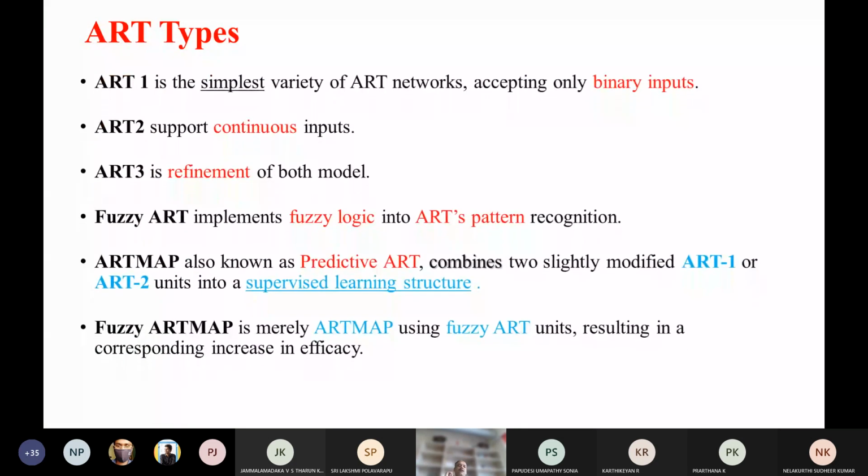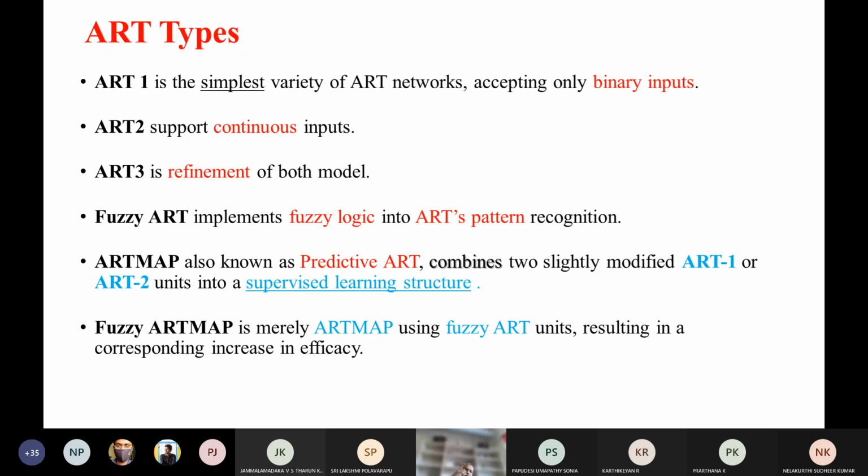So what is ART1? ART1 is the simplest version of the ART network, which accepts only binary inputs. And ART2 supports continuous inputs.